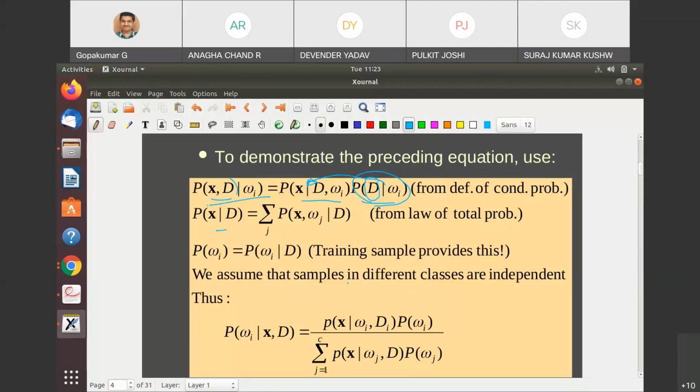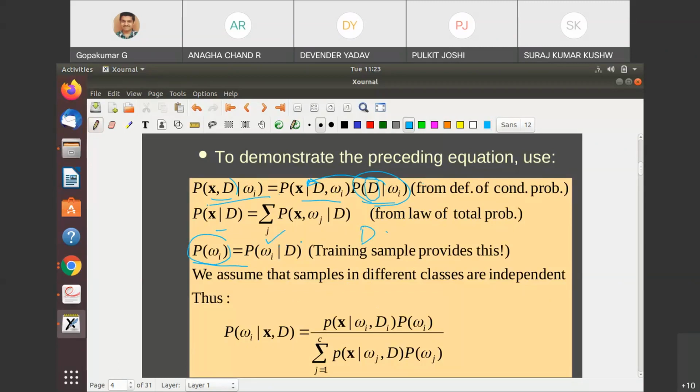So these are just to bring in the concept of the training data set D into the various definitions that we have already seen. Suppose you have a prior probability, but when some additional training data set is also given, then what is the prior probability?